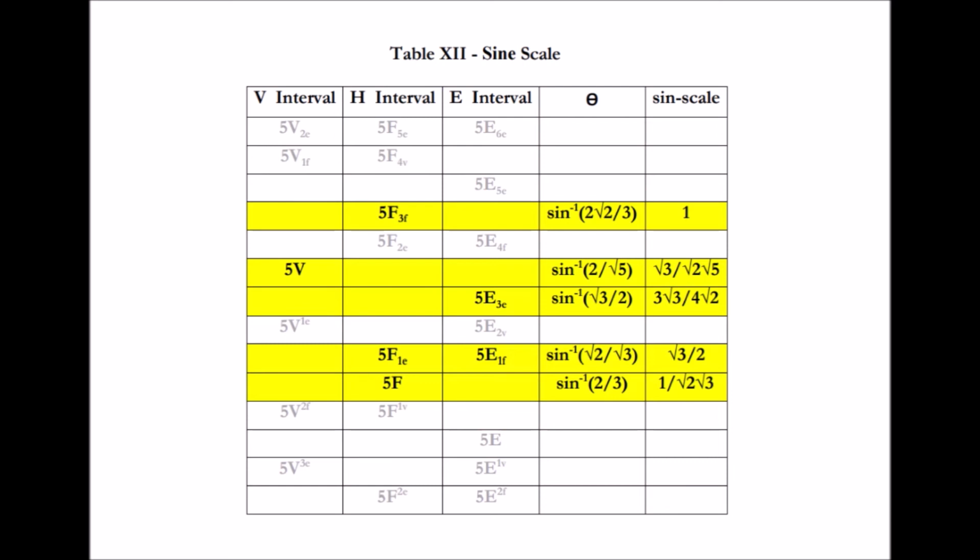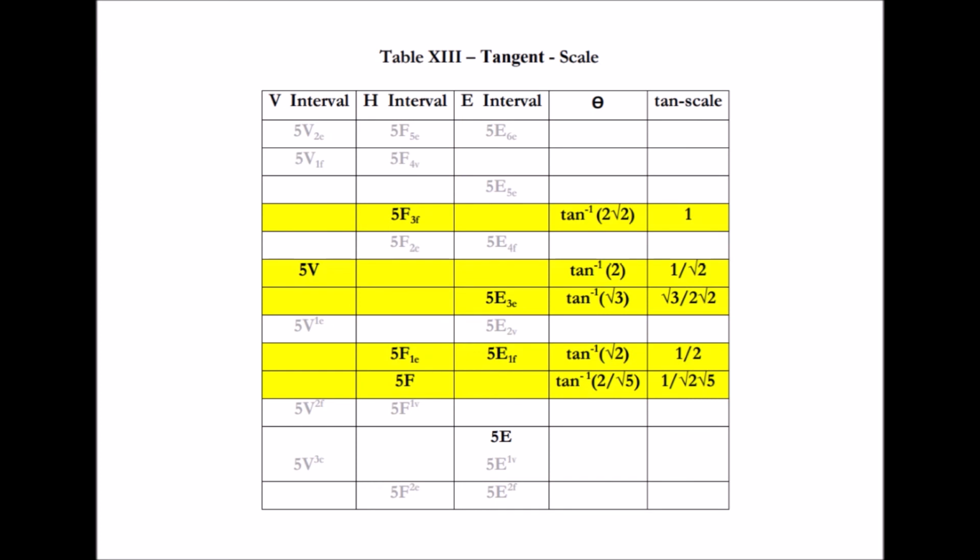The tangent scale is a bit more complicated and consists of two parts. There is a tan scale, shown in Table 13, that results in the ratios of integers and square roots.